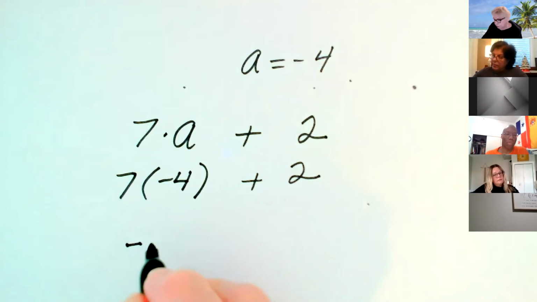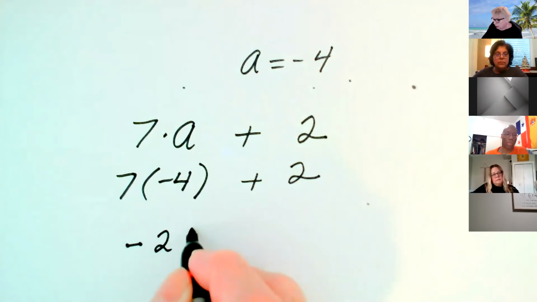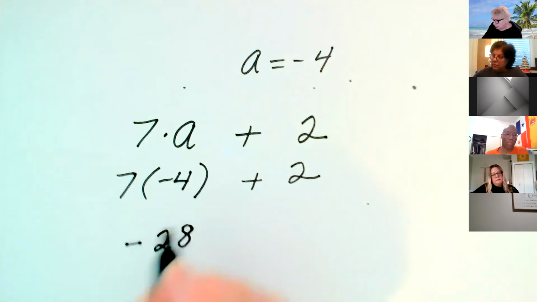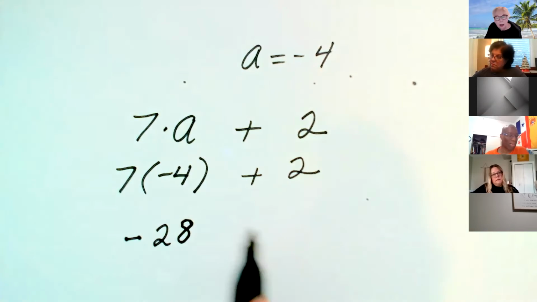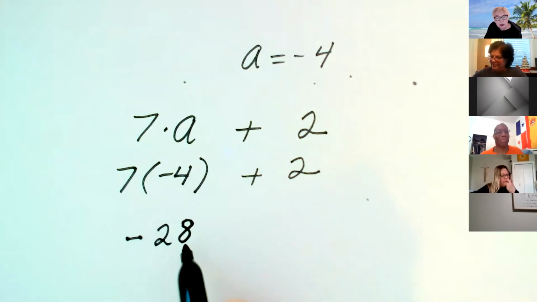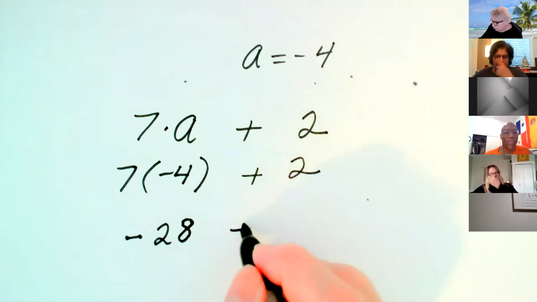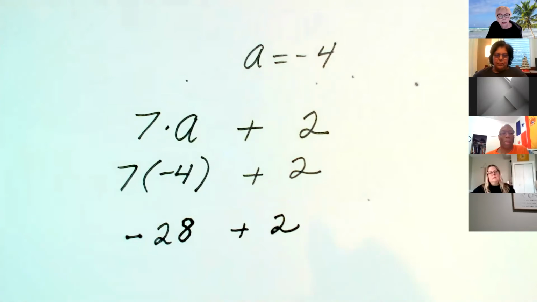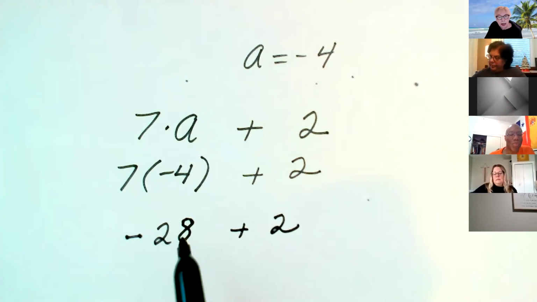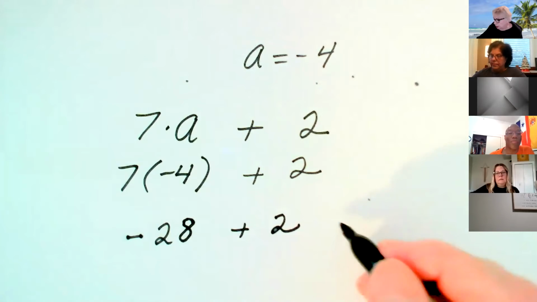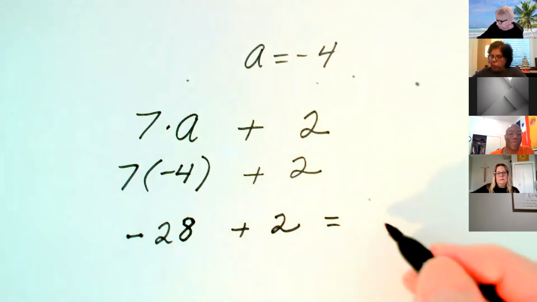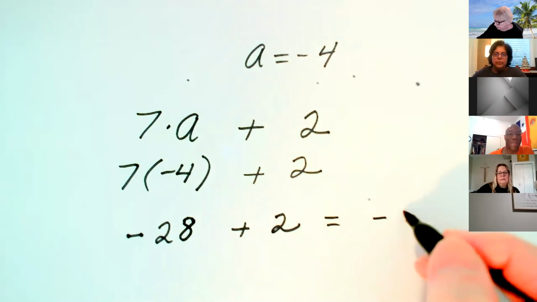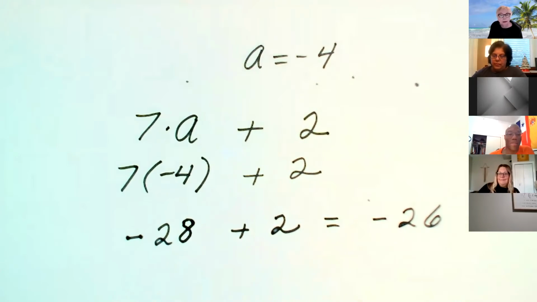So it's -28. This is an even number, so this must be even. And then you add 2. So now you're at -28, but when you went up 2, you got closer to 0, but not that much. What's your answer? -26. There you go. How's that? Okay, so I wanted to remind you of that.